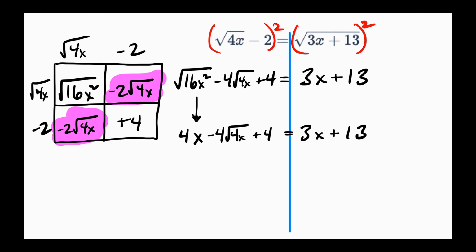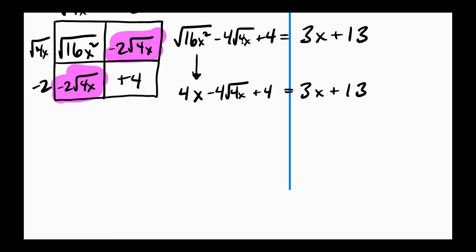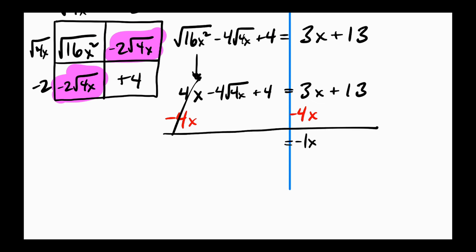Do the same thing we did last time. Get x's on the same side. So to do that, I got to subtract 4x from both sides here. So I get negative 1x, bring everything else down.